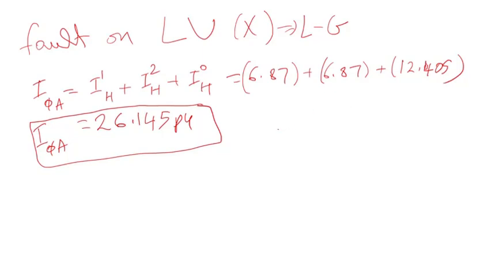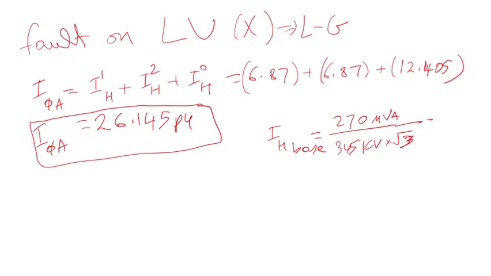So what is the base current if I want to convert the per unit to actual amps? The base current of the high side, so I said 270 MVA divided by 345 kV times square root of 3. So you get 167 amps.